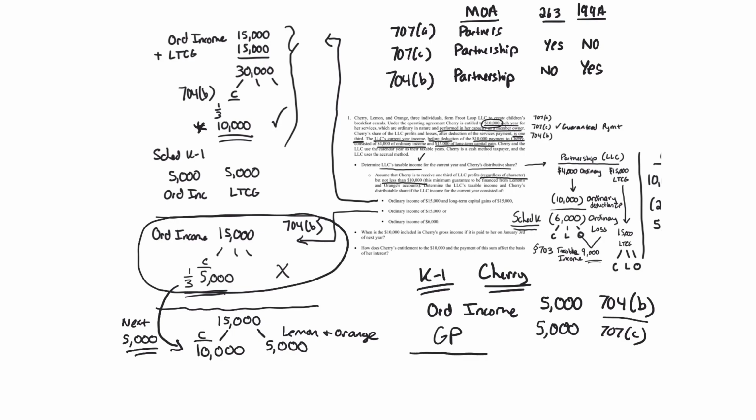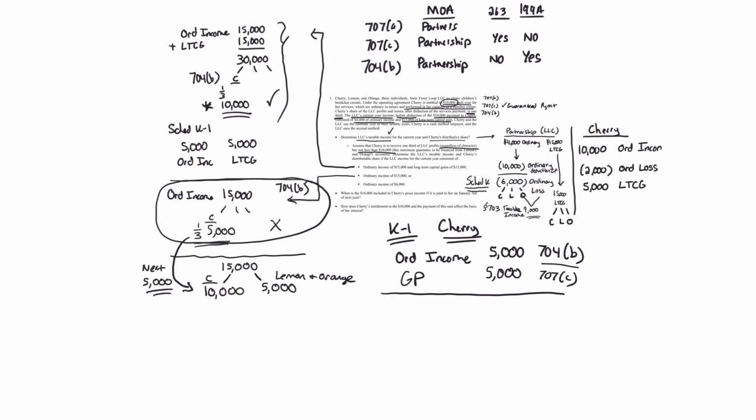Now, you might be wondering, what about with respect to Lemon and Orange? So L and O. What about them? Well, they are going to report $2,500 each of ordinary income. Not guaranteed payment, just ordinary income. 704B distributive share.